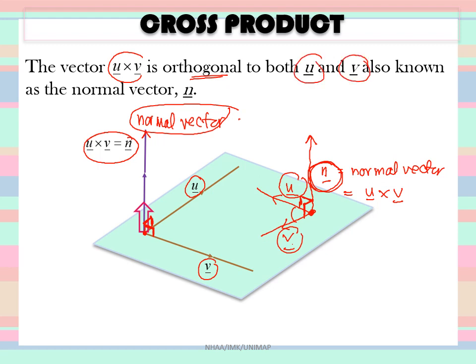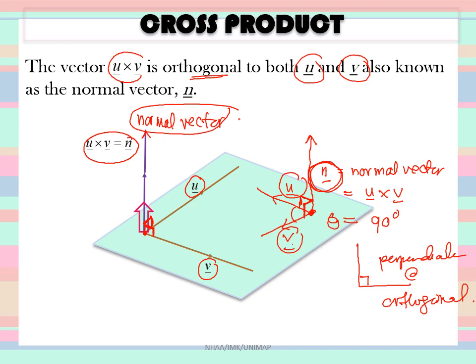Right? So any vector that creates a 90-degree angle is always said to be perpendicular or orthogonal. Alright, so the normal vector is perpendicular to both vector u and vector v.